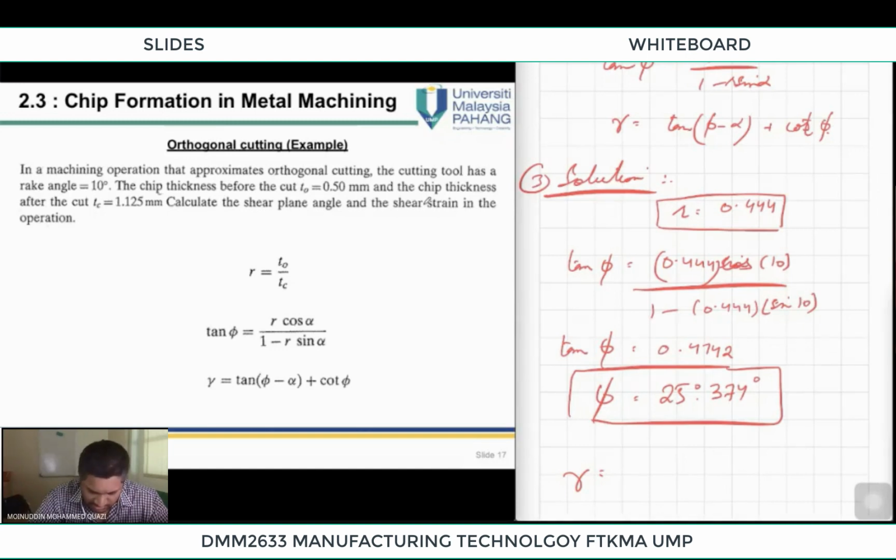I will do the inverse of tangent, so 1 divided by tangent. What is gamma coming to? 2.38? Or did I put cot wrong? I cannot find cot in the calculator.